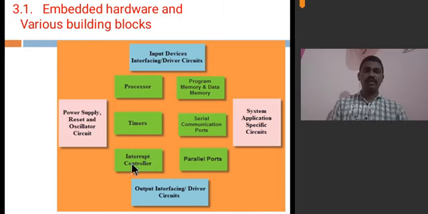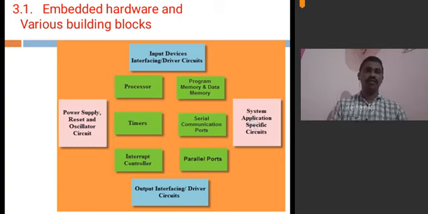And here you can look at the interrupt controller, which is used for controlling the interrupts which are coming from the external world or the interrupts which occur in the instructions themselves. These can be processed with the help of the interrupt controller. Understand? And you have some application specific ICs, like ADC.